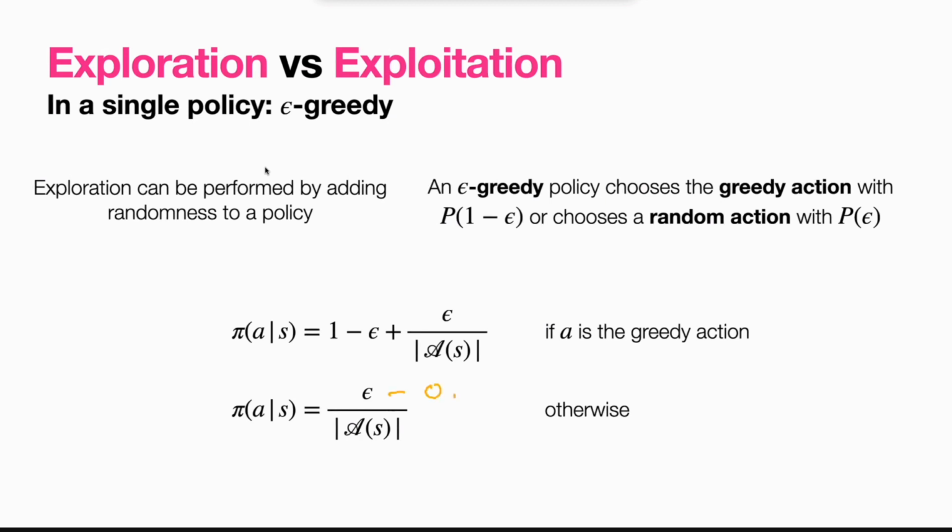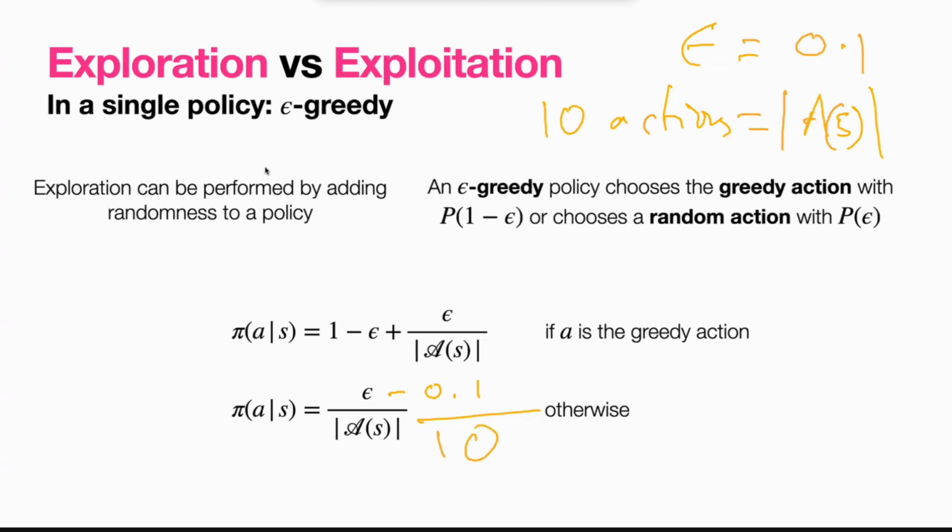Say epsilon equals 0.1, and say we've got 10 actions in each state. That's the size of the action set. And so the probability of taking a random action is 0.1 over 10.